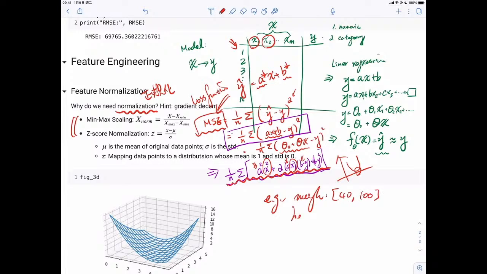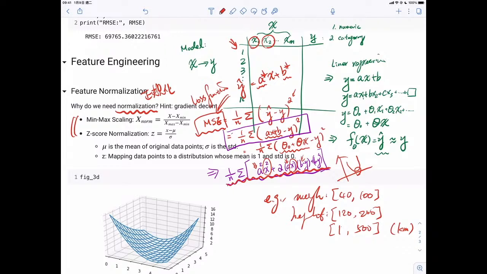But how about your height? Maybe 120 centimeters to 200. How about the distance? Maybe 1 kilometer to 500 kilometers. We have different values in our data, so they have different scales.